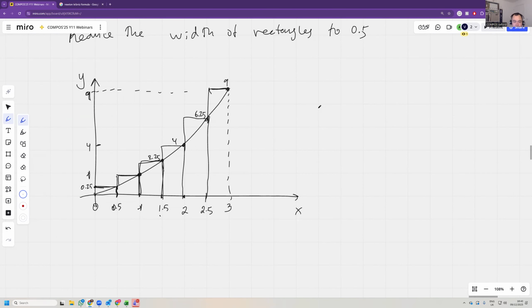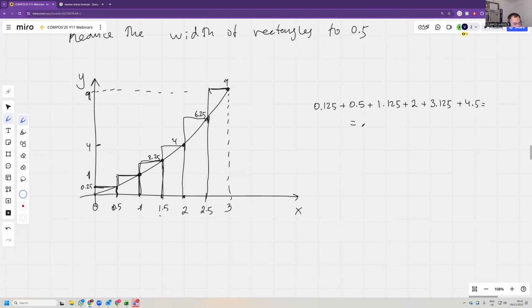So 0.125 plus 0.5 plus 1.125 plus 2 plus 3.125 plus 4.5.